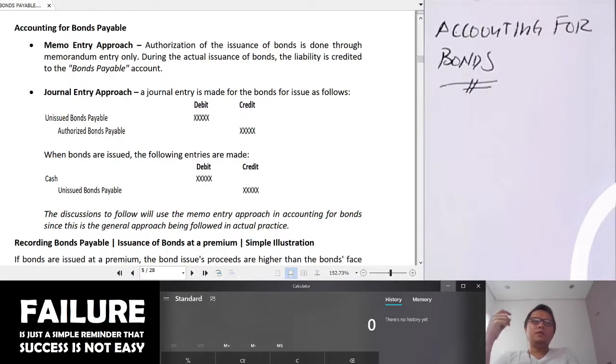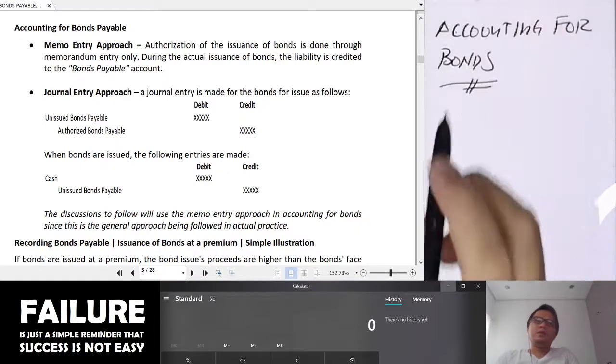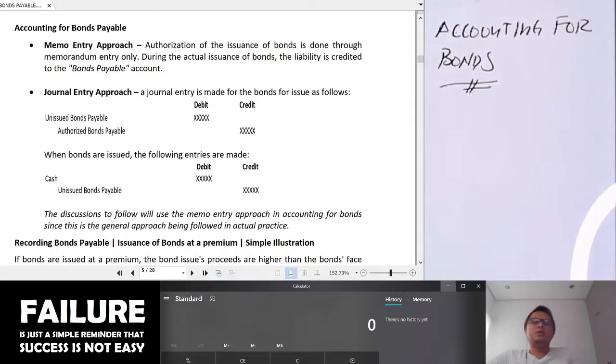During the time of authorization, there is a debit to the account unissued bonds payable and a credit to authorized bonds payable. The amount is the value of the bonds which we are authorized to issue.